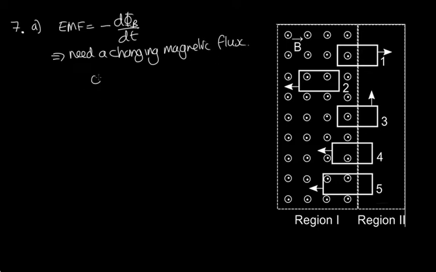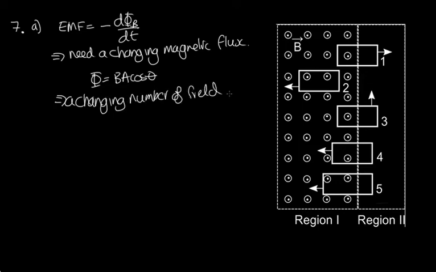And remember that the magnetic flux is equal to BA cos theta. Diagrammatically, it's just the number of magnetic field lines that are passing through the loop. So what we need to have is a changing number of field lines.